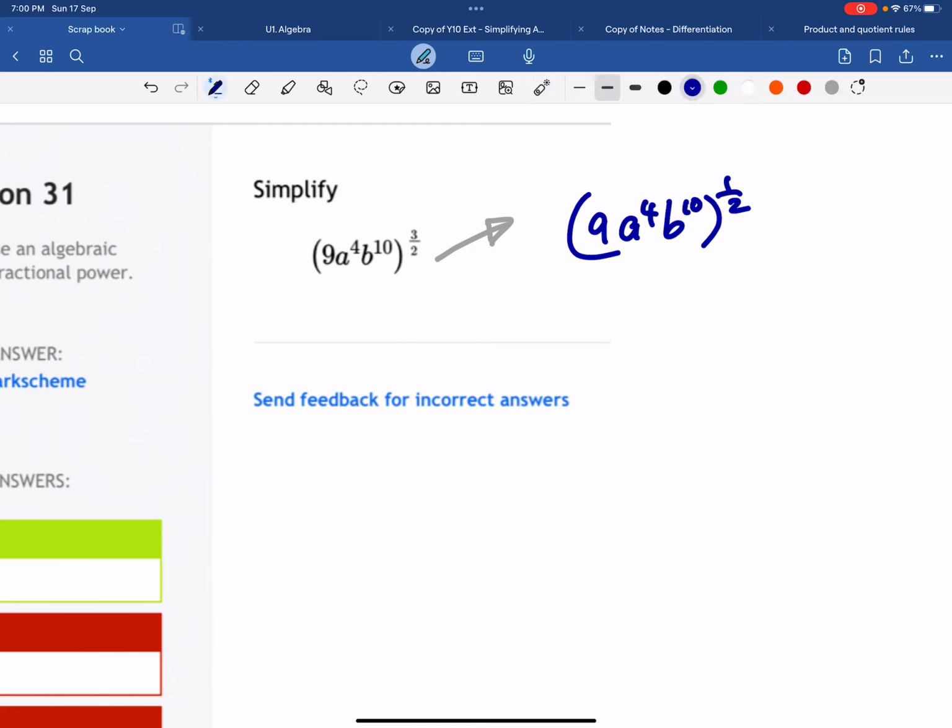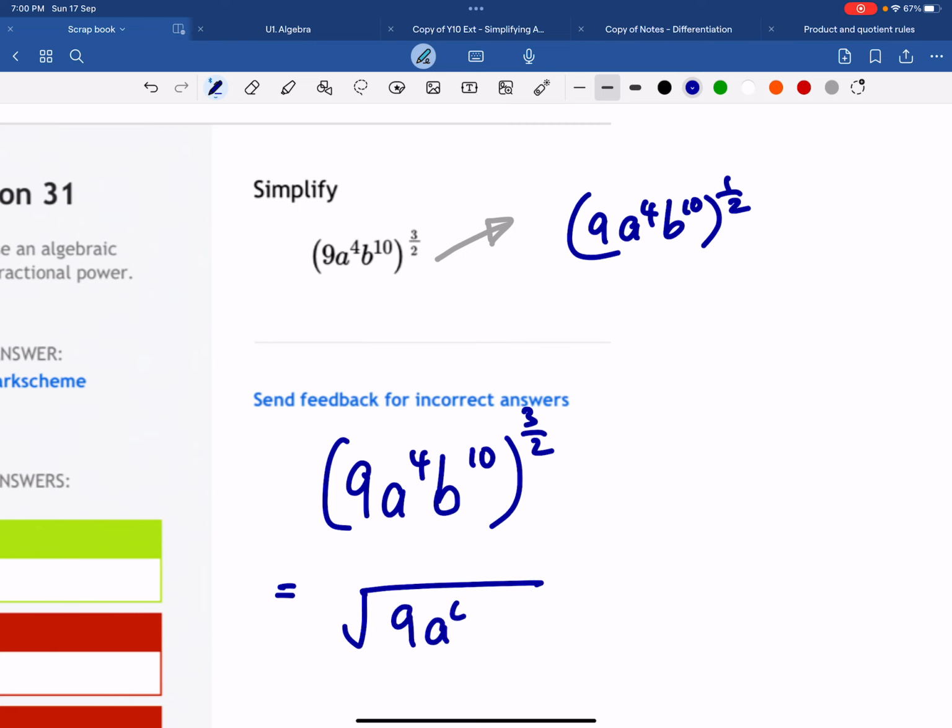So if we do this, 9a to the 4, b to the 10, to the power of 3 over 2. What we can do is take the square root of the whole expression and then raise it all to the power of 3.